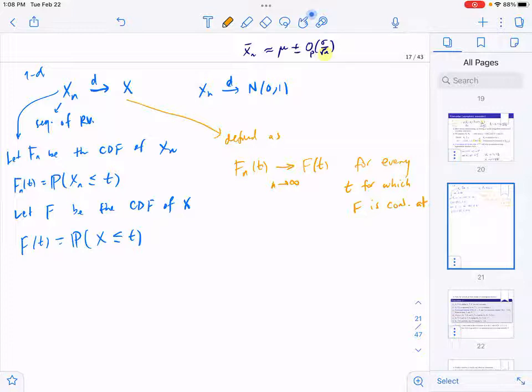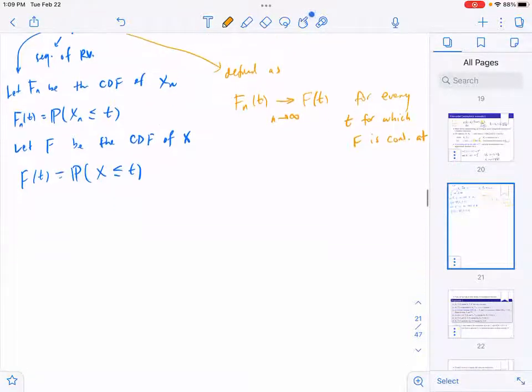Any online people know about that? Yeah. Sorry? Yeah, great. So I'll pick some test function.